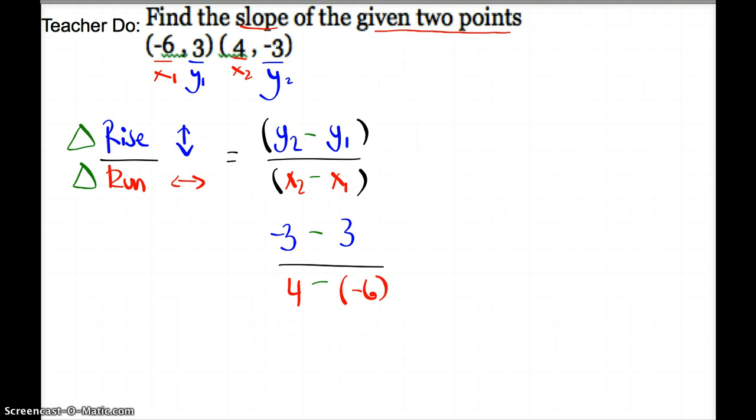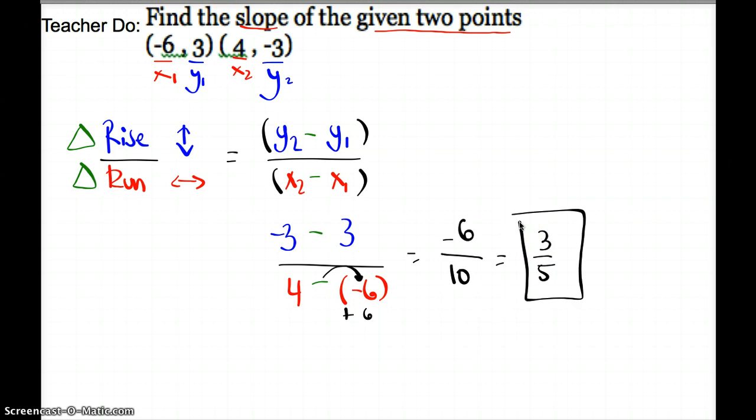And I'll calculate. -3 minus 3 is -6, and 4 minus -6, I'll distribute. That becomes 4 plus 6. I get 10. So my slope is, if I reduce this, I'll divide both of them by 2, which is -3 over 5. This is our slope.